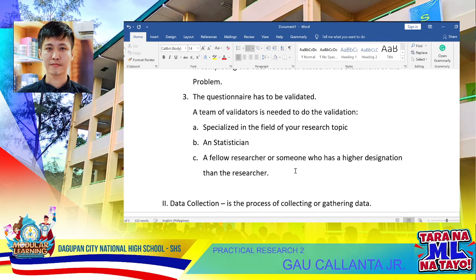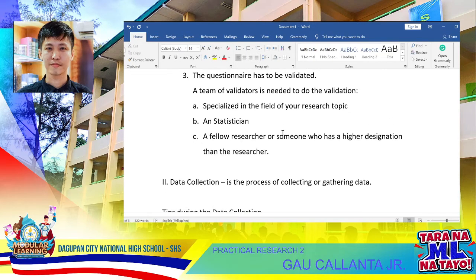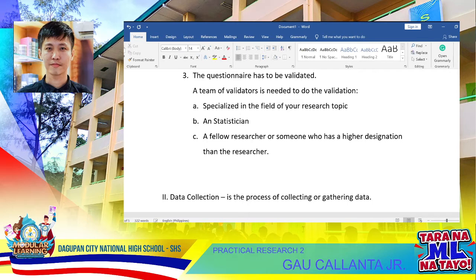In order to pass the validation team, and have a valid questionnaire, you must have a passing 2.6 mean score in the validation tool that was composed by your team of experts or adopted by your validators.